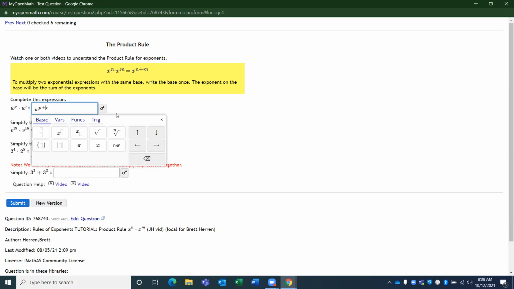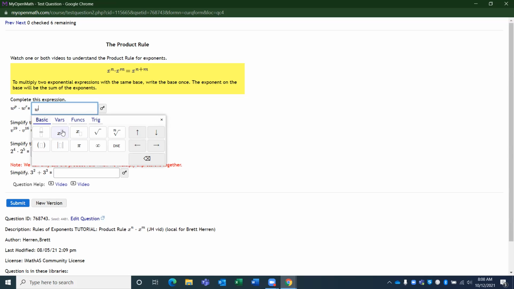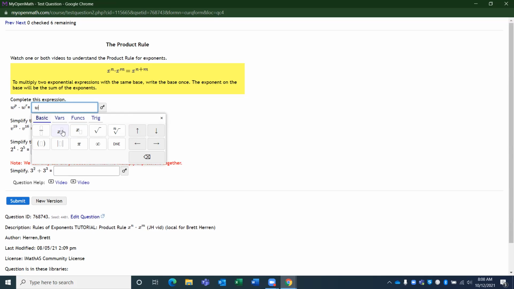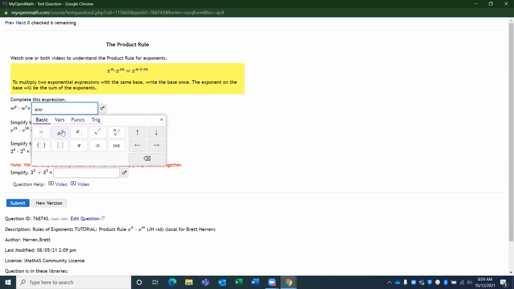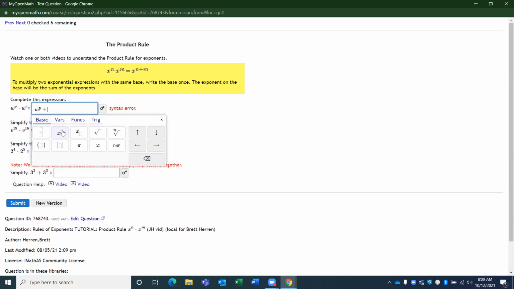So let me recap. First you type the W, and then to get it in the power zone, you click the power button. Normally, when you click the power button, everything you type stays in the power. But when I type P and then plus, it drops down. It won't let me do plus. What if I use the up arrow? Same thing.